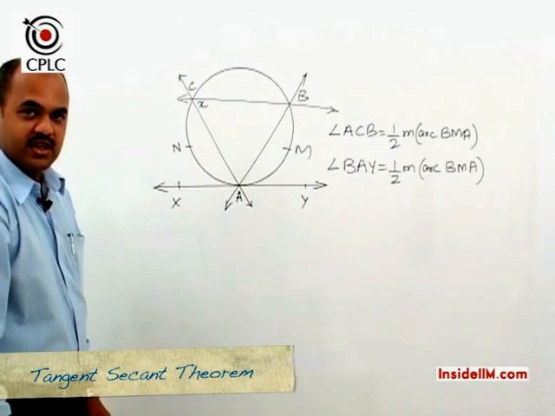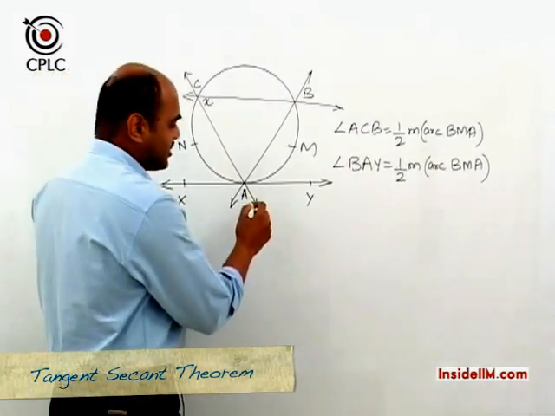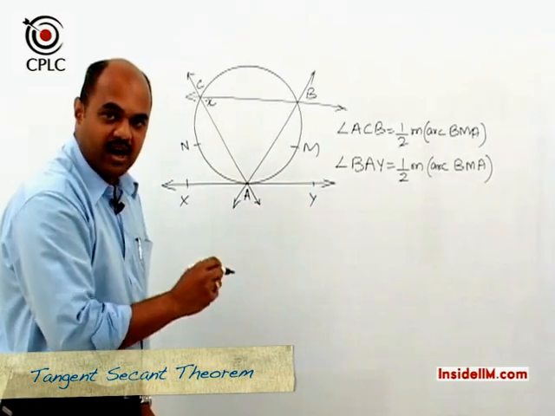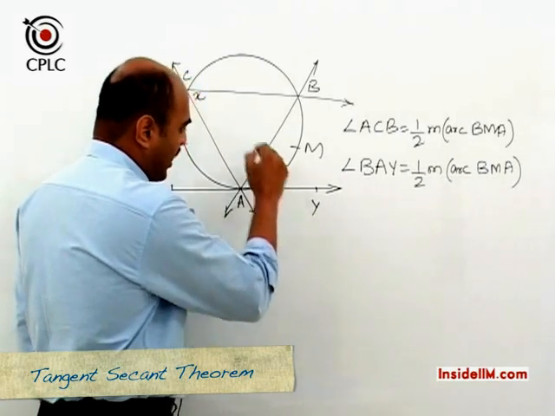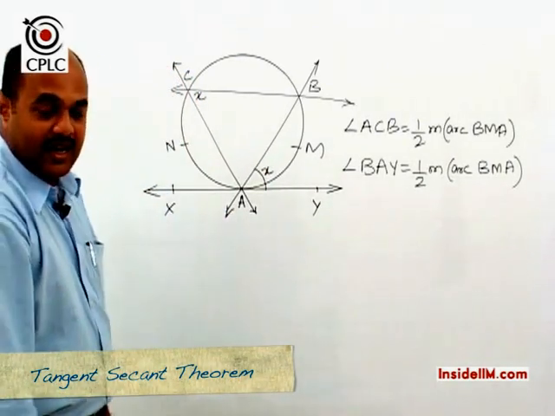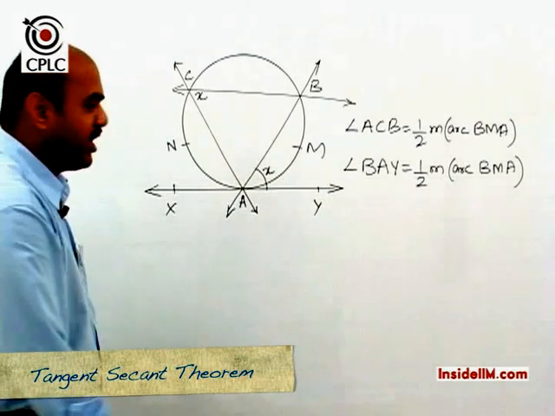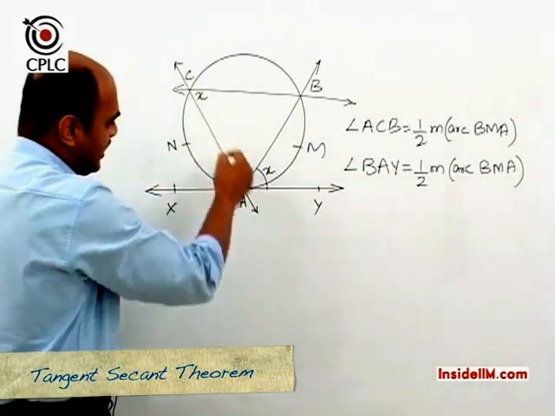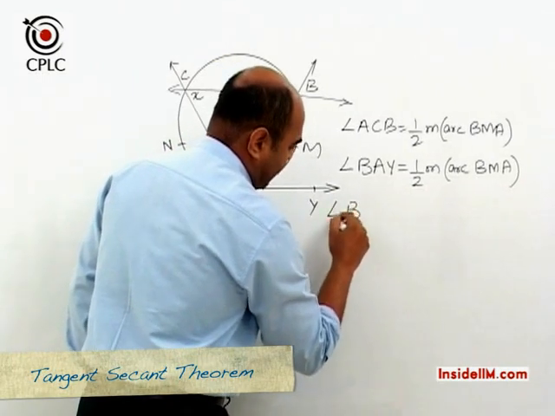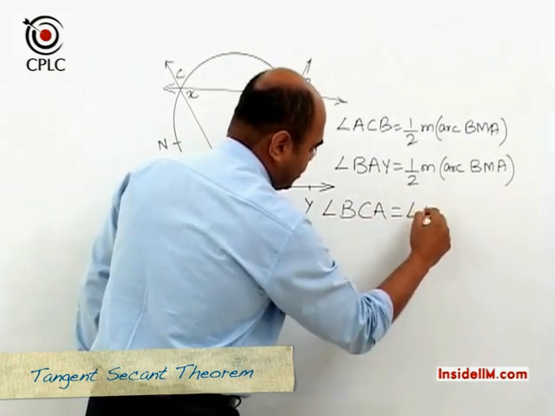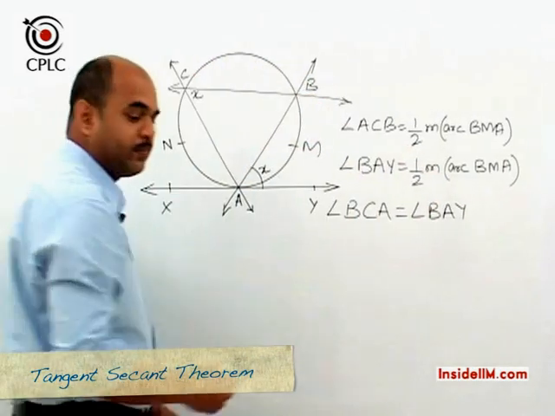Since we have already studied that angles subtended by the same arc are equal, angle BAY is also X, and by the tangent secant theorem we have angle BCA is equal to angle BAY.